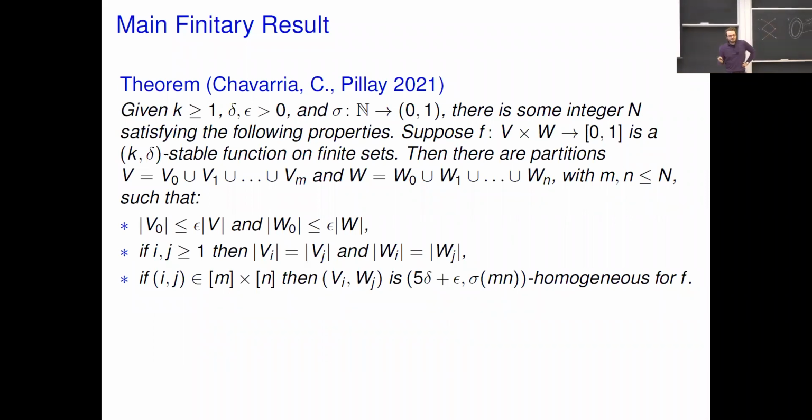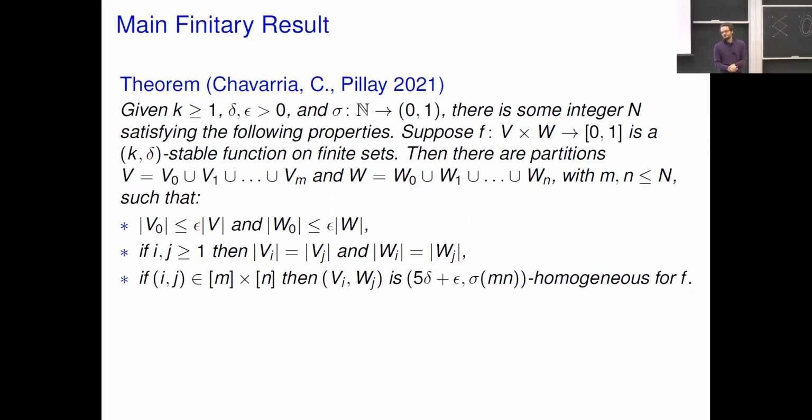So this is like a new ingredient that, if you've only seen the Malliaris-Shelah theorem, you wouldn't have seen. But if you've been watching some of these other talks like Caroline's talk and Julia's talk, controlling the error with a function is a theme that comes up a lot. So we're actually controlling this little error in the homogeneous pair by some number that gets better and better the more pieces in the partition you have.